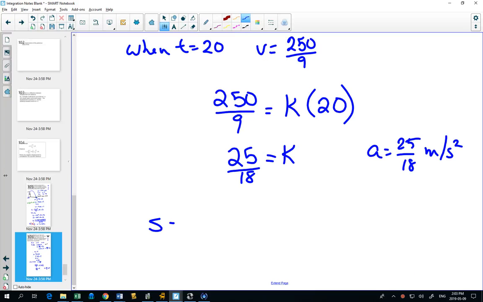And now we can find our displacement by doing the integral of our velocity, and our velocity equation is now 25 over 18 t.